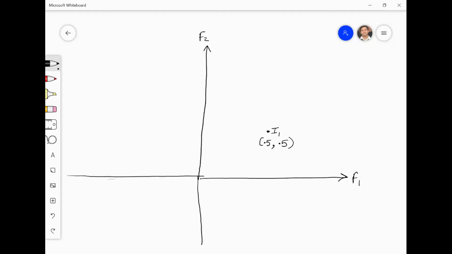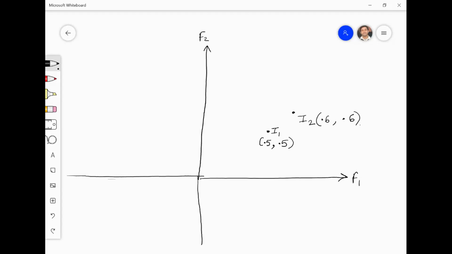I2 was somewhere here, it is 0.6, comma 0.6 again.